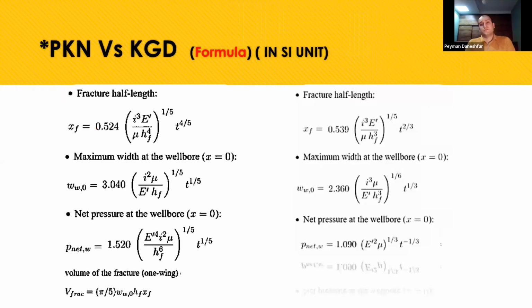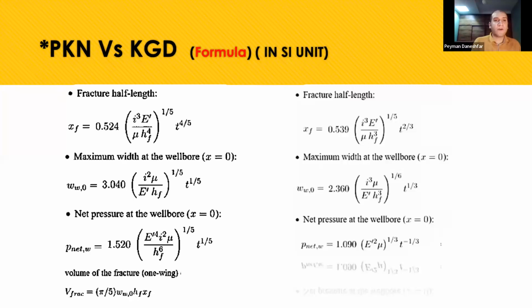These are some formulas that depend on time. The software uses these formulas to give us the parameters at each time.